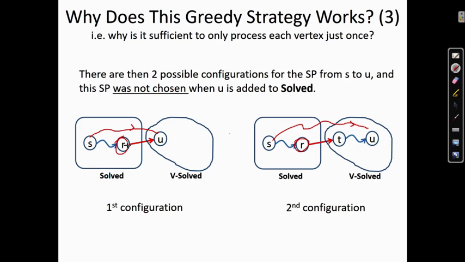So I must already have relaxed this edge. If I relax this edge, then the shortest path cost to u must be computed already, because I said this is the actual shortest path cost. So there's a contradiction that u is computed wrongly. No, it cannot be; it must be computed correctly. So this defeats the first configuration. Now, second configuration.